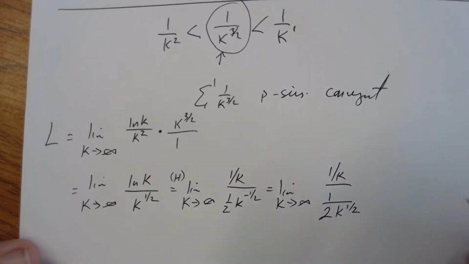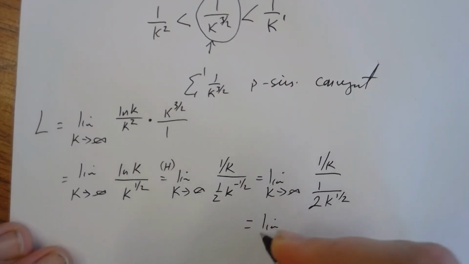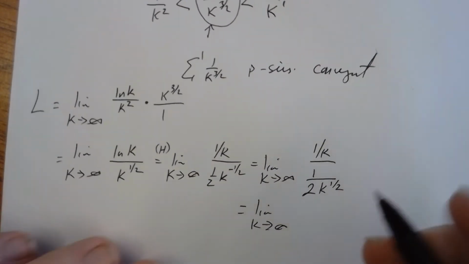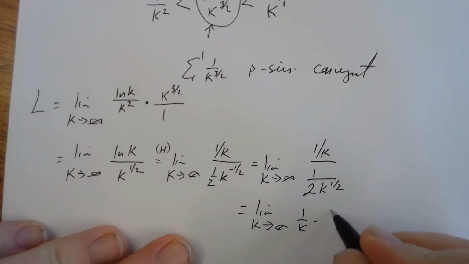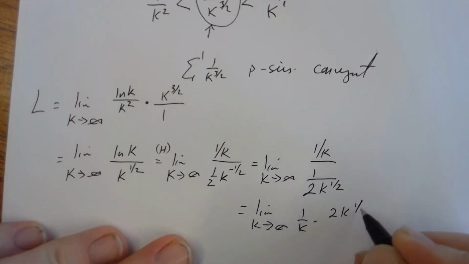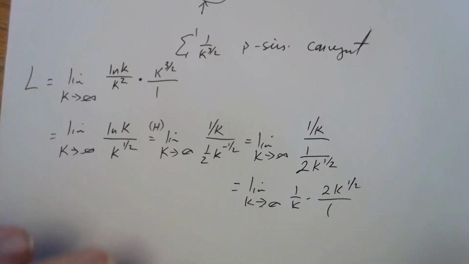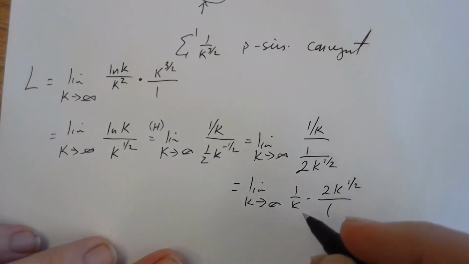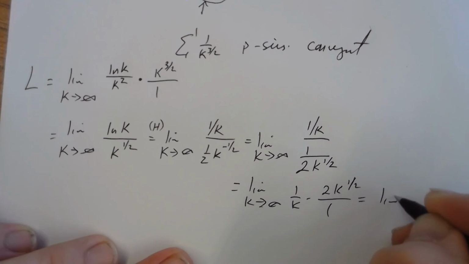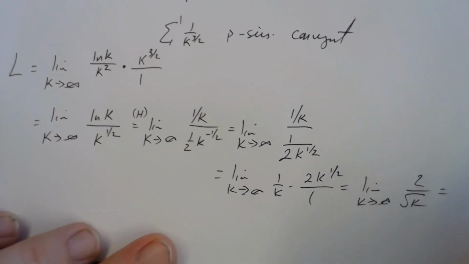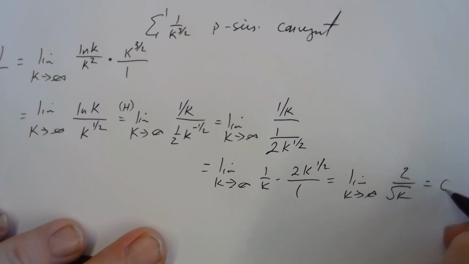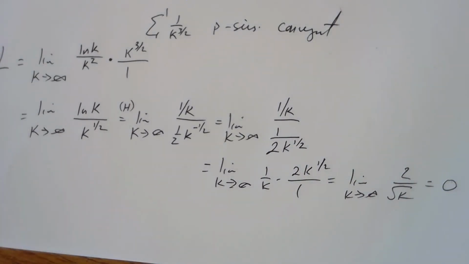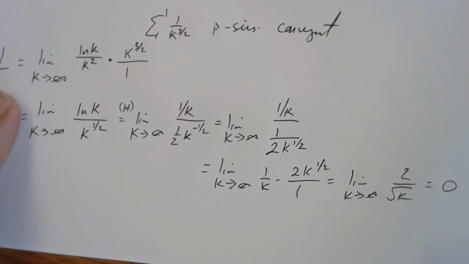I can keep flip change all this stuff and end up with the limit as k goes to infinity of 1 over k times 2k to the 1/2 on top, while the 1 is in the denominator. I get basically the limit as k goes to infinity of 2 over the square root of k, which goes to 0 because the denominator is getting larger and larger and larger. So this provides us with the ability of saying, hey, I'm looking at L is 0.